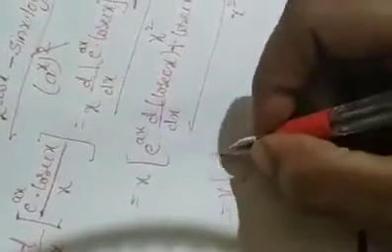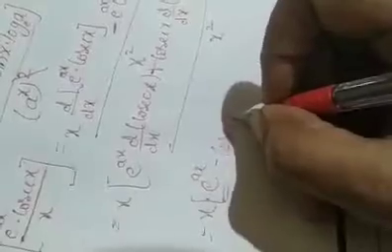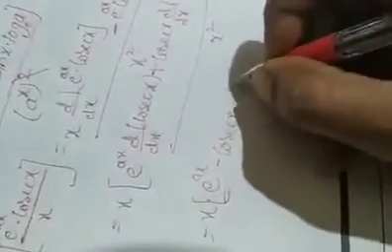e raised to ax into cosec x. Derivative of x is 1 divided by the x square, which is equal to x into e raised to ax. Derivative of cosec x is minus cosec x into cot x, plus cosec x.